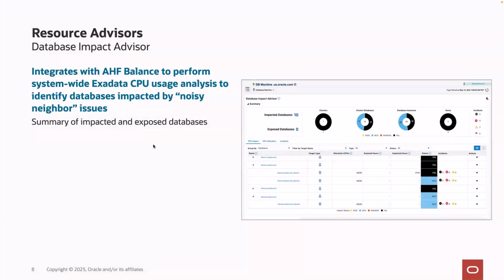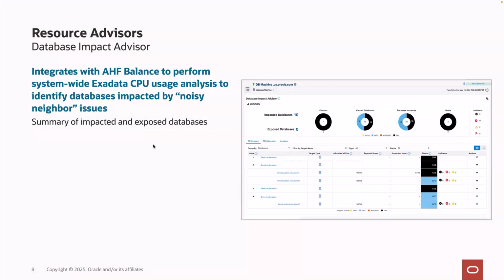The database impact advisors. So that's something that we integrate with the AHF balancing. It's a system-wide Exadata CPU usage analyzing tool, identifying databases that are impacted or impacting as noisy neighbors in the environment.